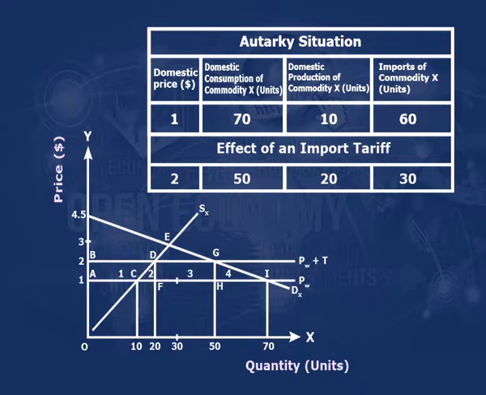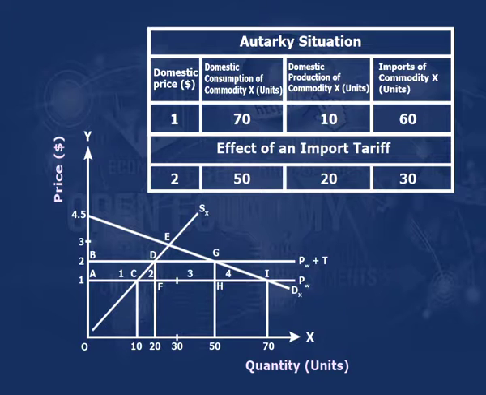And imposition of import tariff increases the domestic price of commodity X in nation A from $1 to $2. An import tariff reduces the domestic consumption of commodity X from 70x to 50x due to price rise.